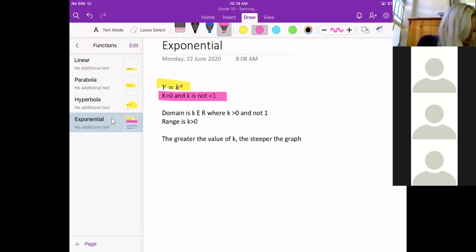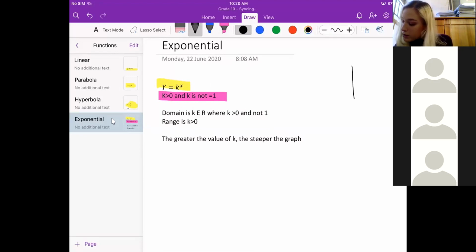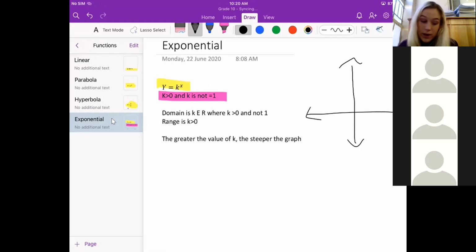When we see this, we can draw a function, and our function looks like this. The function y equals k to the x always, always, always goes through the point (0, 1).